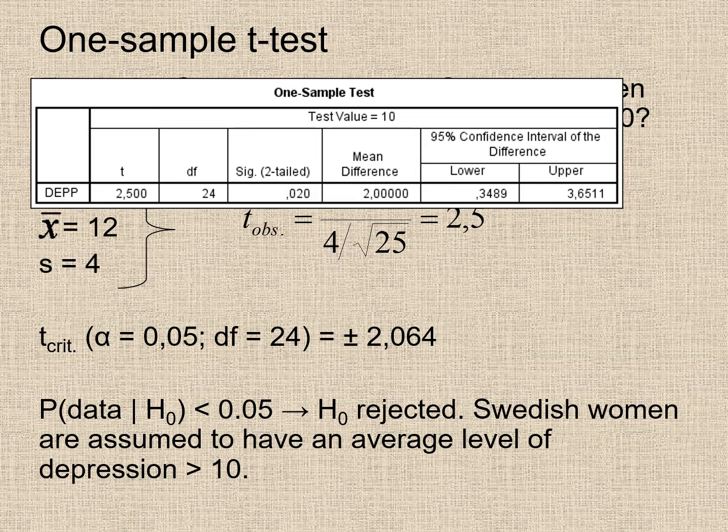And because 2% is less than 5%, we would, in this case, similarly as we did just a moment ago, reject the null hypothesis. We would conclude that the population mean is not 10, but a value that is above 10.